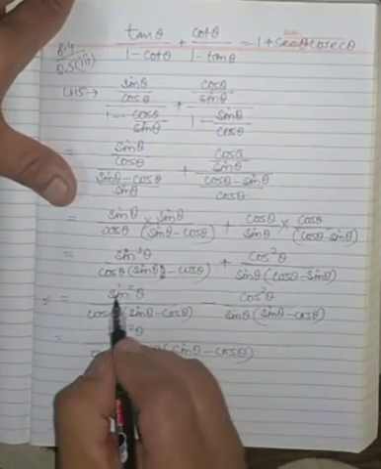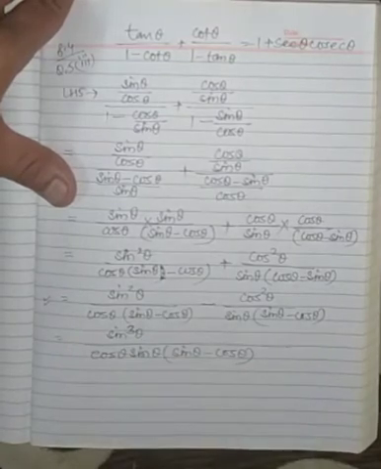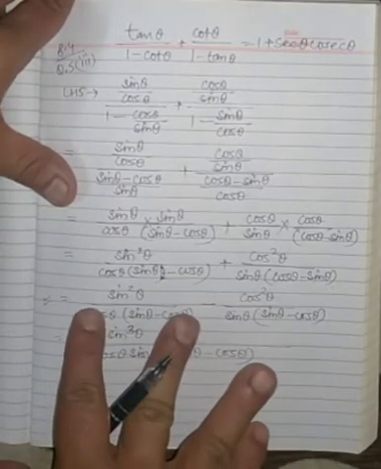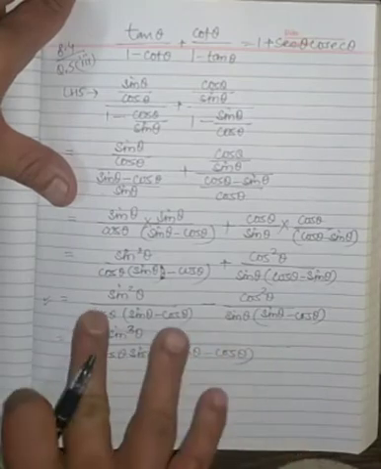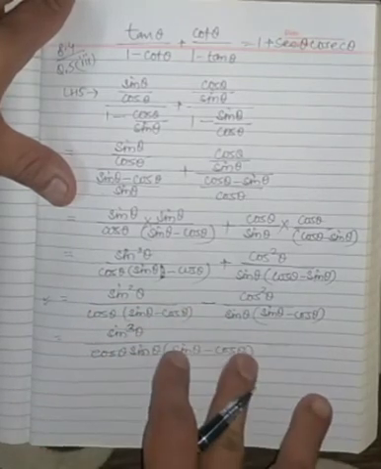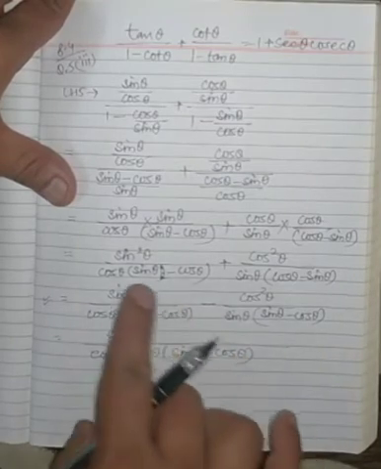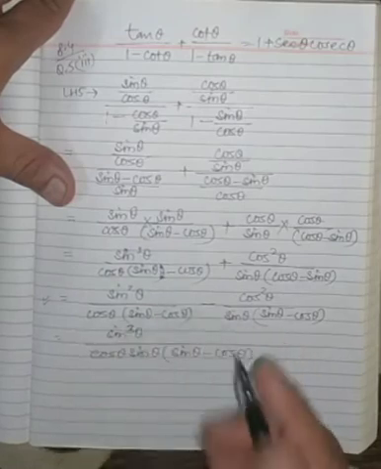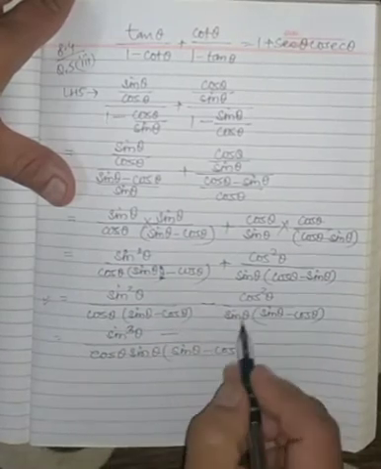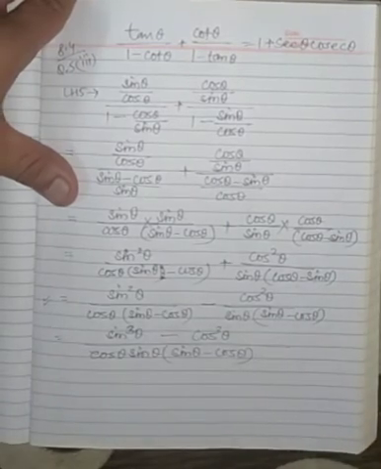Now this sin square theta becomes sin cube theta. As we divide this denominator to the LCM, cos cancels, sin minus cos cancel. So what is left is sin theta, and sin theta into sin square theta is sin cube theta, minus, same here, it becomes cos cube theta.